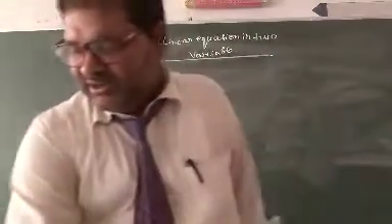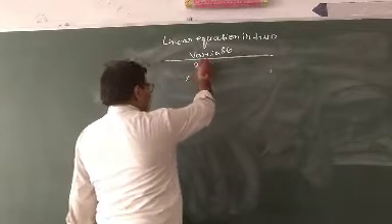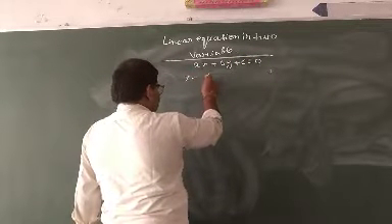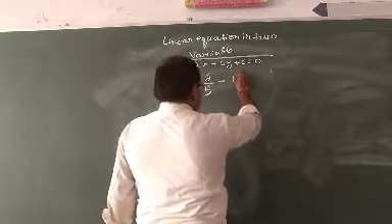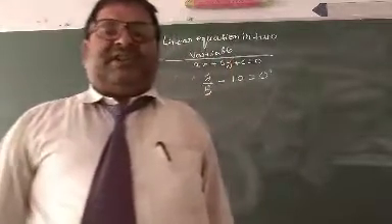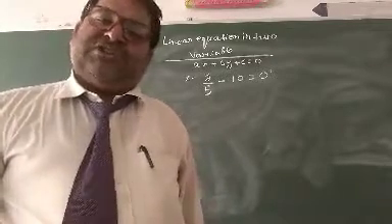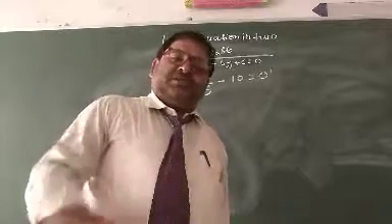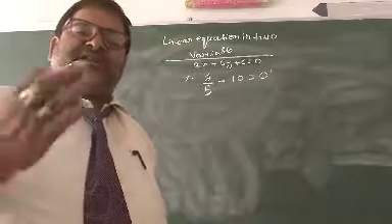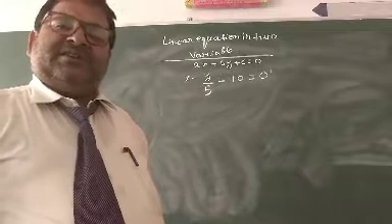Next question. x minus y upon 5 minus 10 equal to 0. First we simplify the question related to the general form of linear equation in two variables.